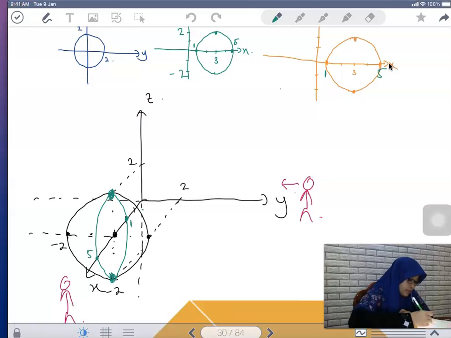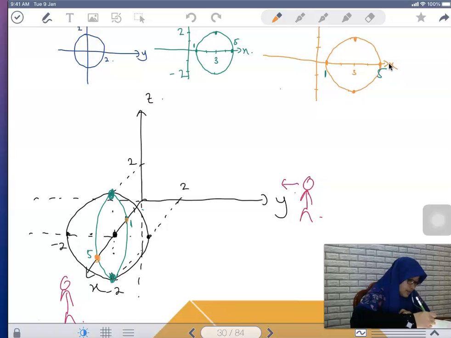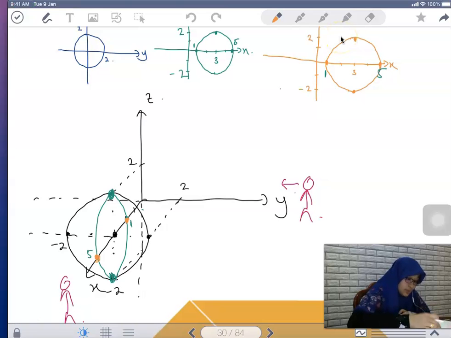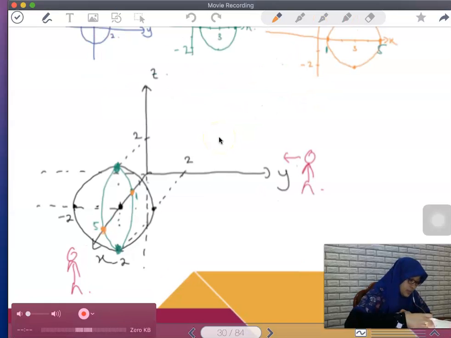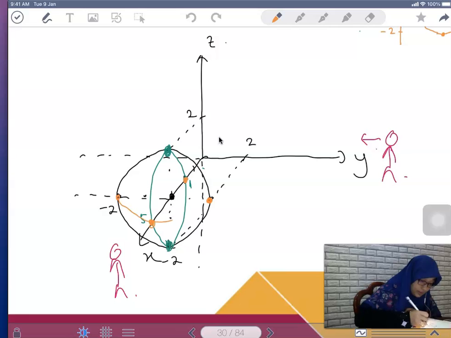So we have now the orange color, 5 and 1, and then on y is 2 and minus 2. So on the y-axis, 2 and minus 2. So now we put the points at y equal to 2, this one and this one. So you draw the line, y and the other circle.